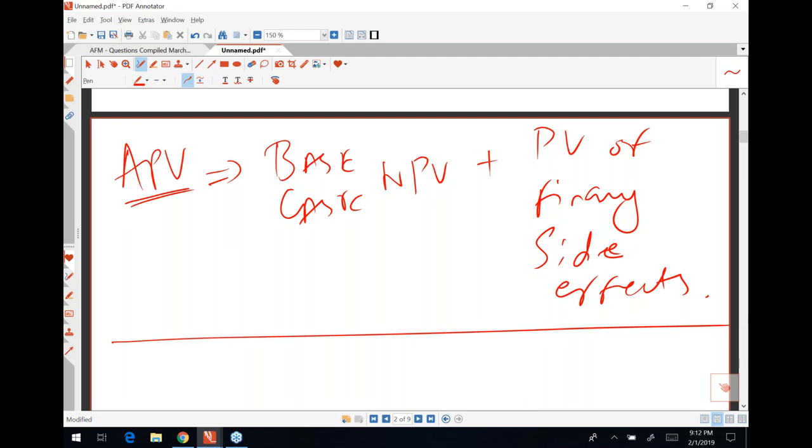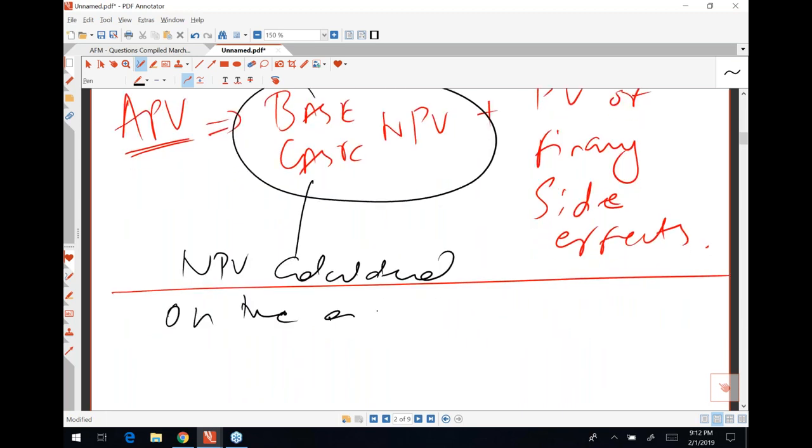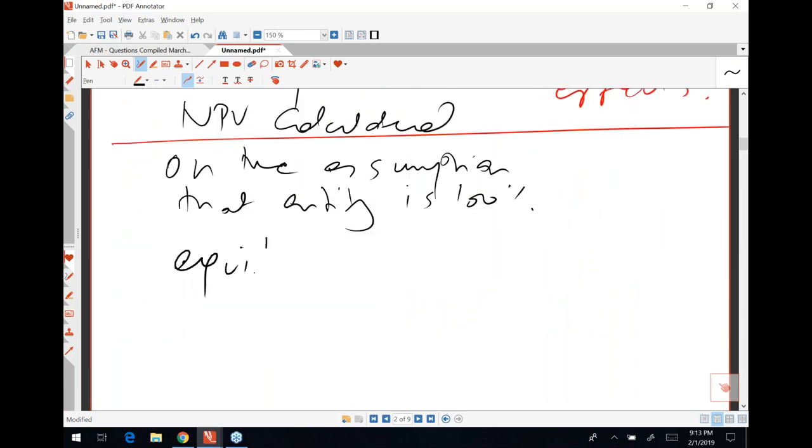Let's discuss. The base case NPV actually means the NPV calculated on the assumption that the entity is 100% equity funded. I'm repeating it again.